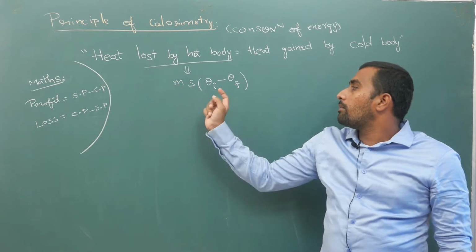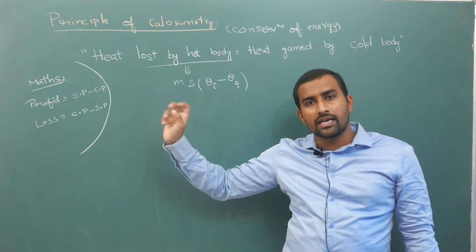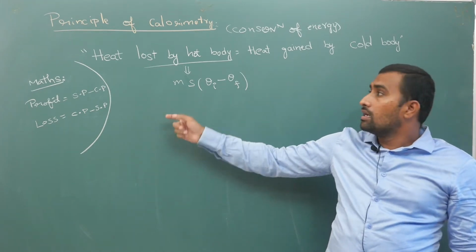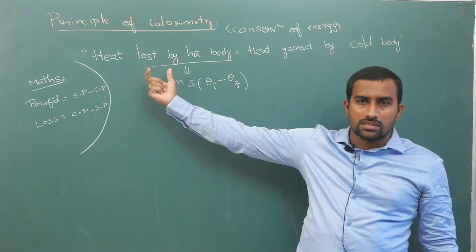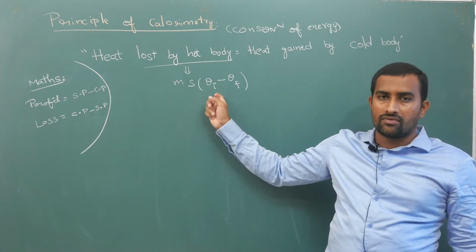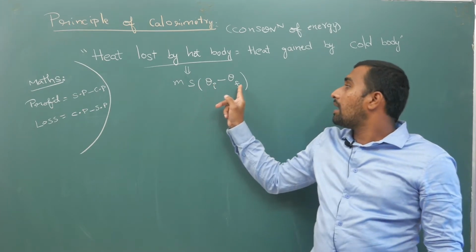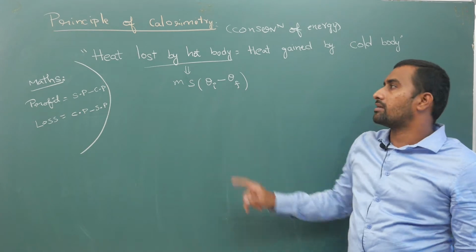So bigger value minus smaller value. You don't need to keep the negative sign once again. When we are using the word loss, the sign is automatically taken care of. So you have to be careful. This theta I represents initial temperature, and theta final will represent final temperature.